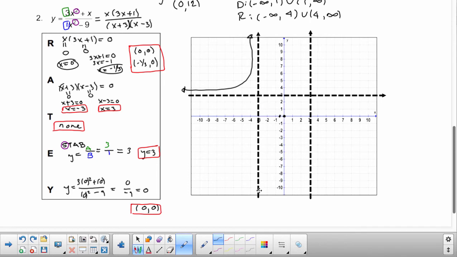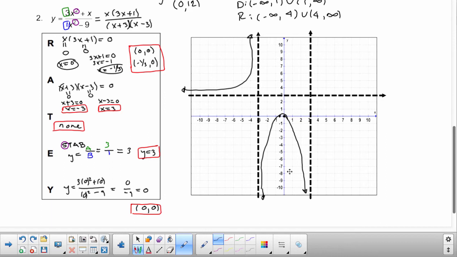Now these still serve as magnets, and so because we also didn't have togetherness, we know that our graph is going to be going in the opposite direction on the other side of the asymptote. And so we're going to have a parabola. And try to be better about going through your points there.